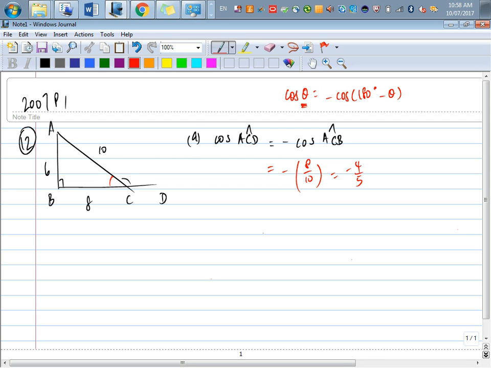Okay, any questions? No, then let's go on to part B. The perpendicular distance from B to AC. So we can let the perpendicular distance be D. Or we can actually use the area of triangles.